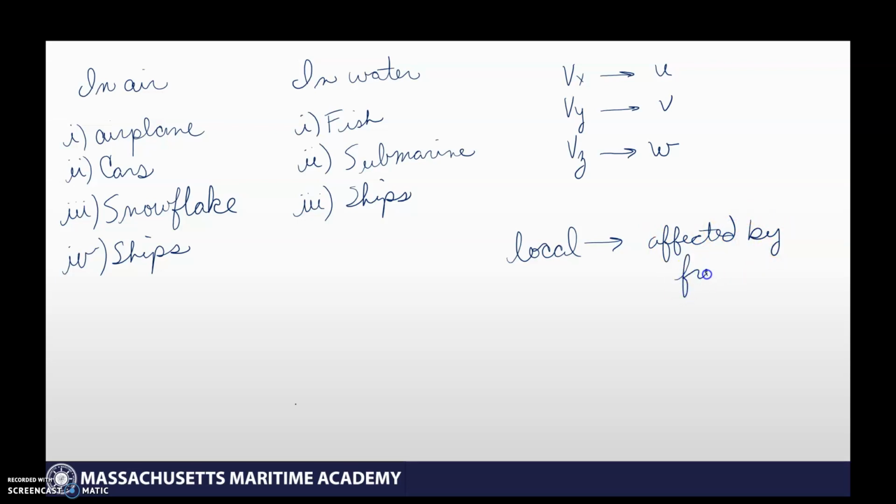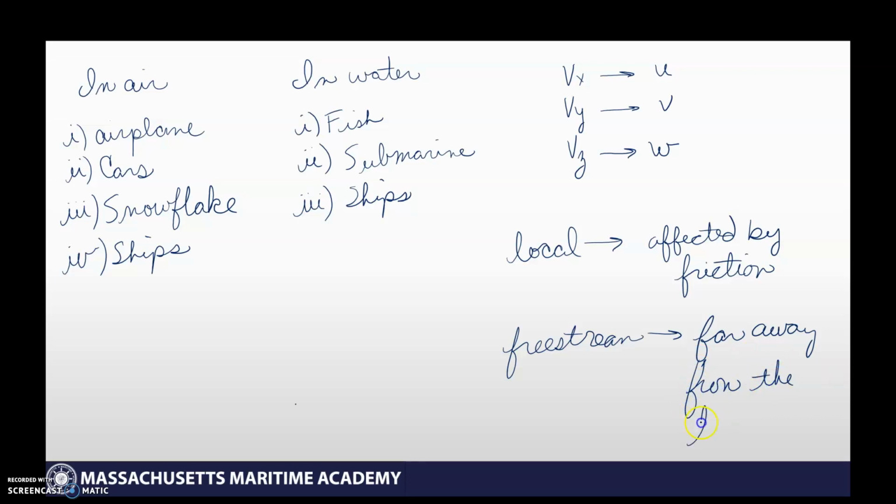And so that's going to be an important distinction later on. Then we have the free stream velocity. This is far away from the body. This is the fluid as it's not being affected by the body at all. It's so far away it doesn't matter. Now the reason this is important is local velocities will use lowercase letters: u, v, w.